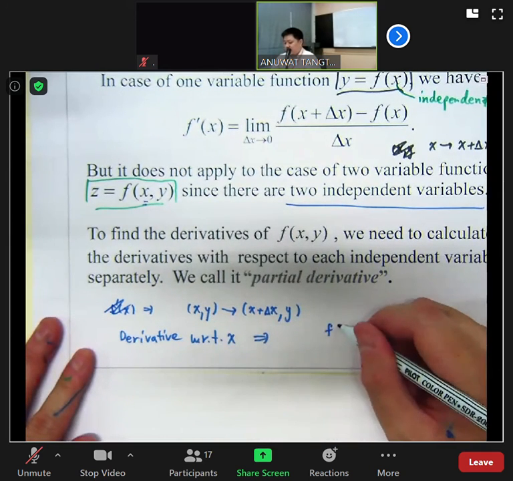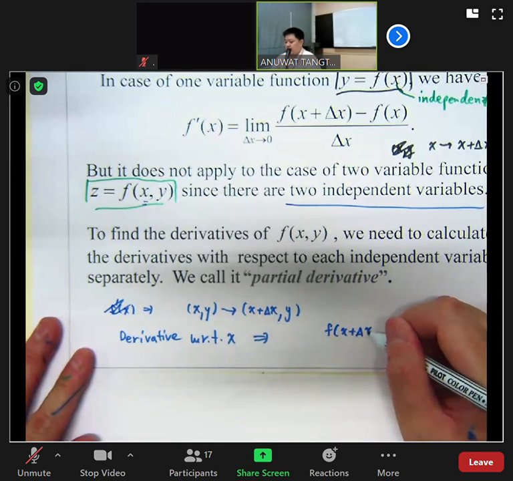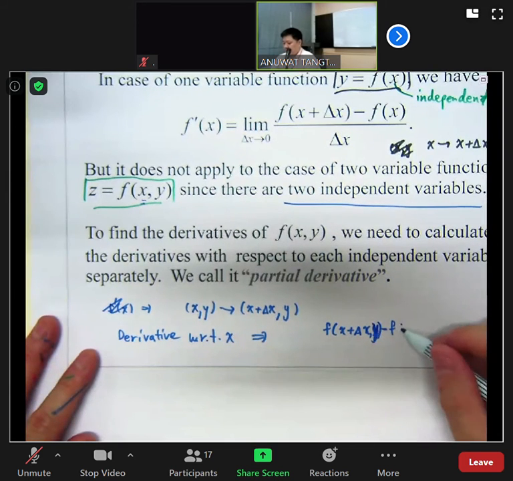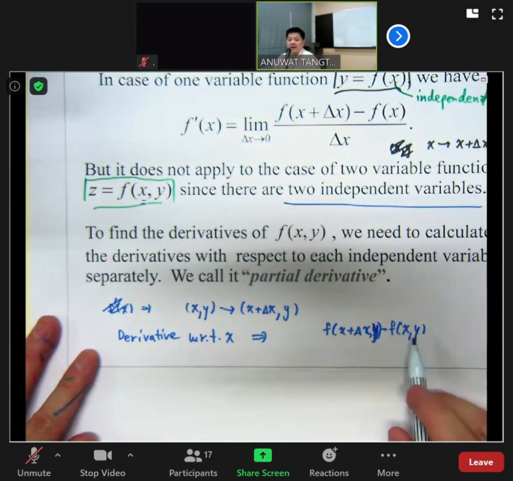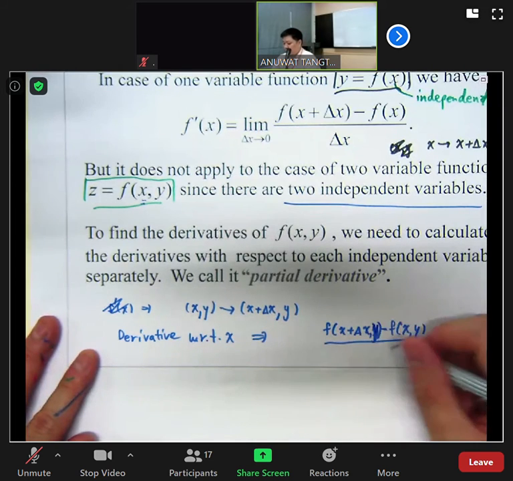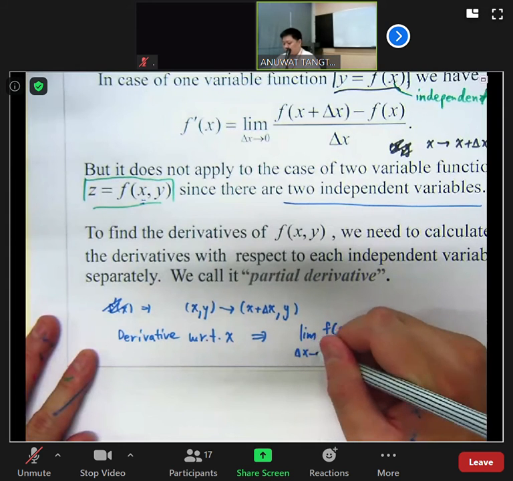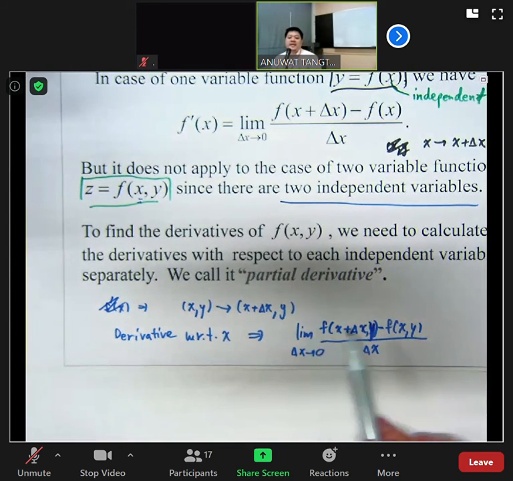That means the change of the function would be f(x plus delta x, y) minus f(x, y), and then divided by the change of x. When we take the limit as delta x goes to 0, that would be the derivative with respect to x.